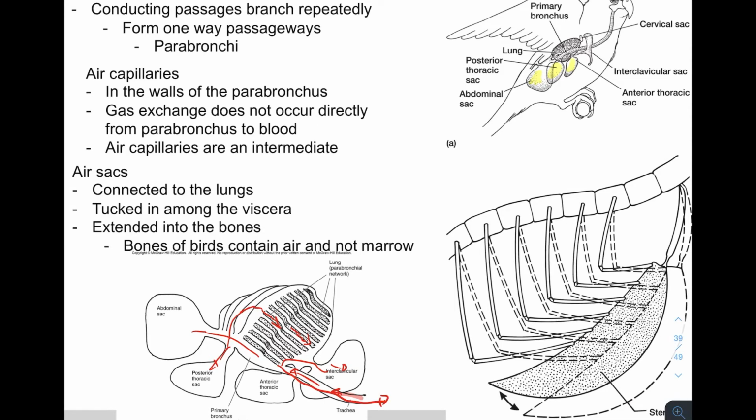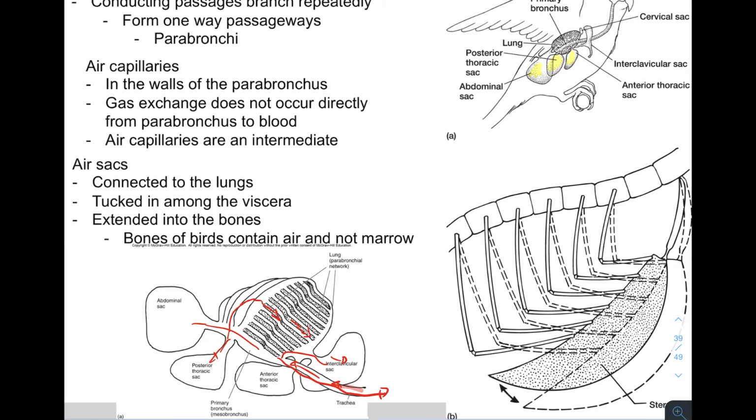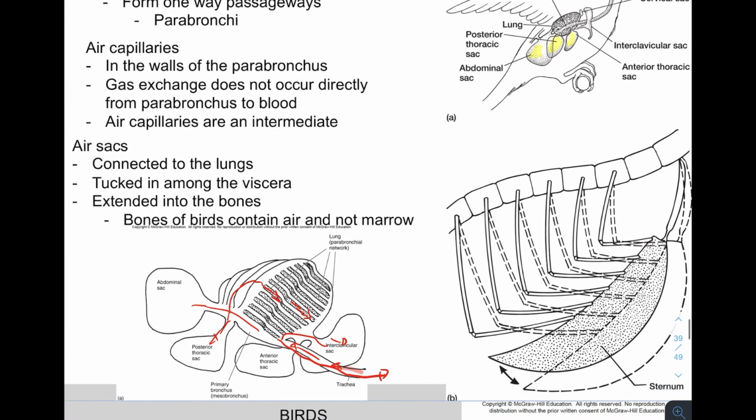The other thing that we have to keep in mind is that birds don't have a diaphragm, and they need to be able to change the size of their thoracic cavity in order to get airflow. What they're going to do is use that sternum, that large sternal keel, and swing it forwards and backwards.